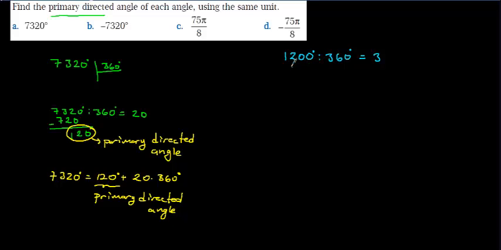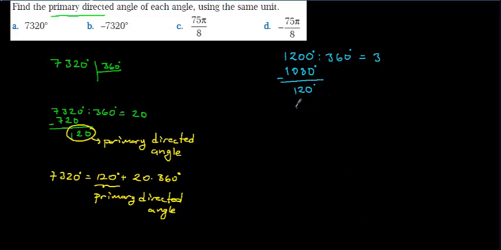The result is going to be 3 times 360, 3 times 6 is 18, so it's going to be 1,080, and when you subtract that one, the remainder is going to be again 120 degrees.